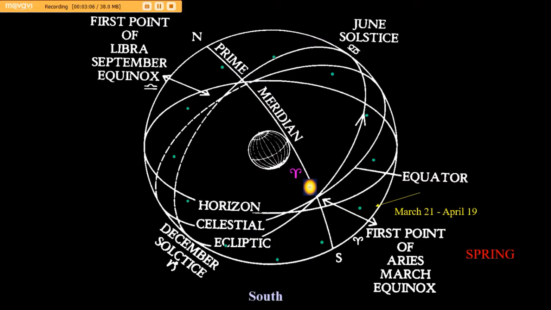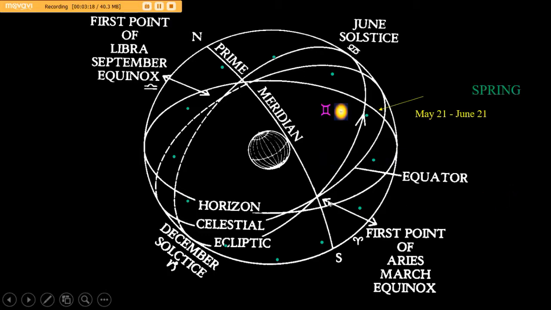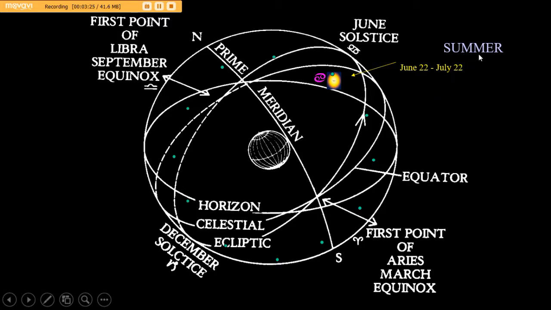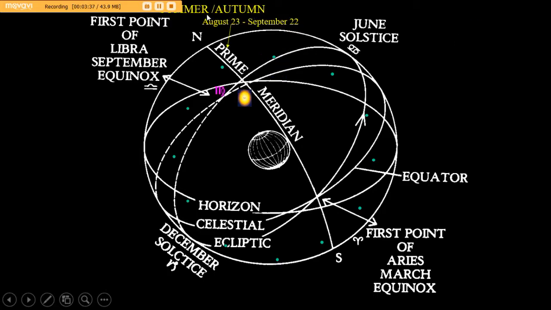Now we first view March 21st to April 19th as spring, and then it moves into Taurus, which is still spring, April 20th through May 20th, as it moves along the ecliptic. Now it's in Gemini, and now it's summer as it reaches its top, and then it goes into the next part of summer, and then it circulates into summer-autumn, which is Virgo.